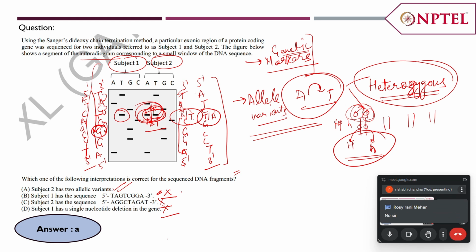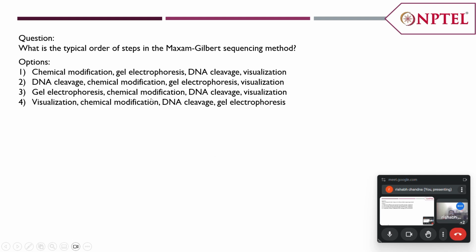Okay. So give me 1 minute. Okay. So let's move on to the next question, that is related to the Maxam-Gilbert sequencing method. So what is the typical order of steps in the Maxam-Gilbert sequencing method? What can be the correct answer?